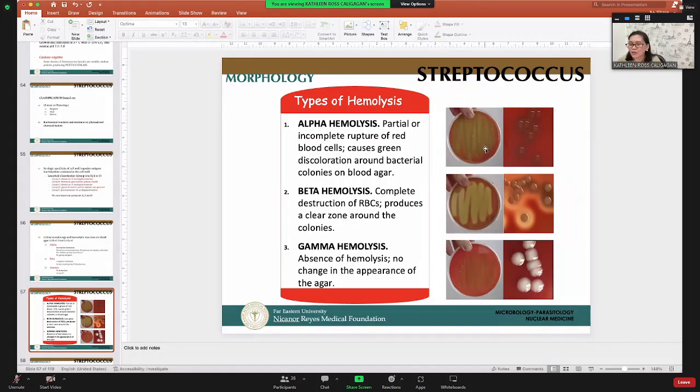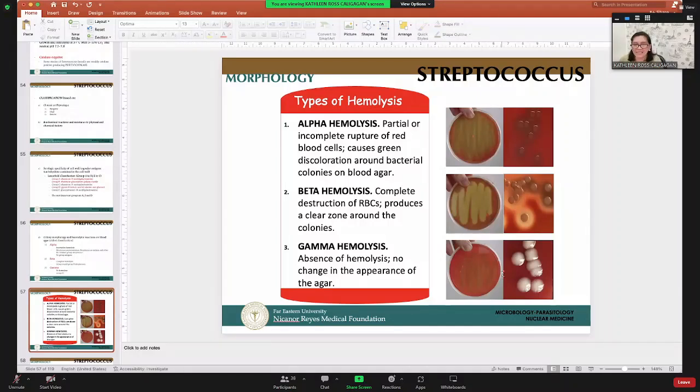Beta hemolysis is complete hemolysis. You see a zone of clearing around the colonies, translucent if you place it against light. And gamma is no hemolysis.